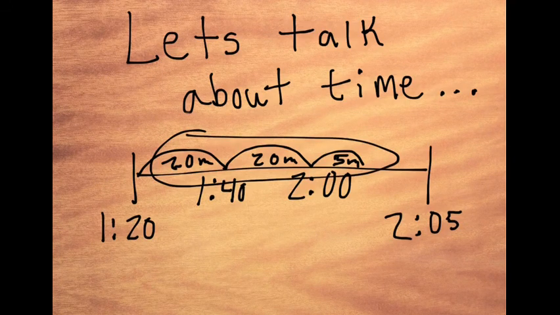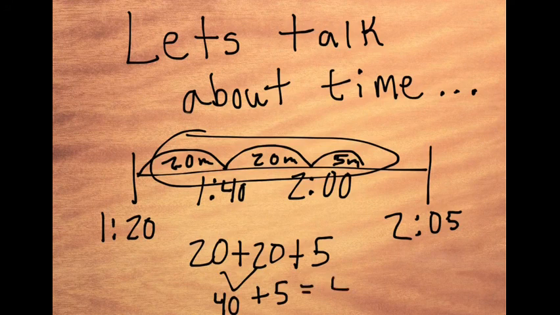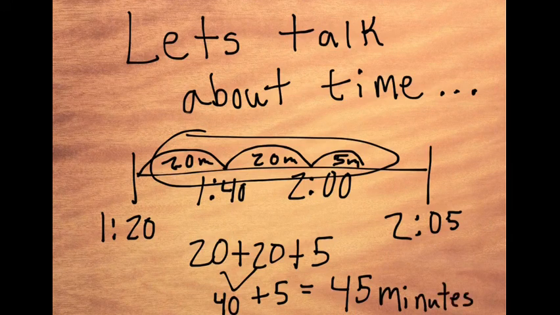So putting those jumps together, what is my elapsed time? 20 plus 20 plus 5. Well, 20 plus 20 is 40, and 40 plus 5 is 45. So my elapsed time is 45 minutes.